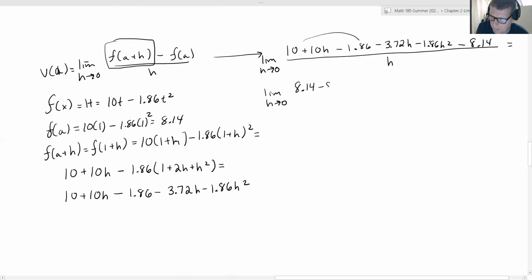So I have 8.14 minus 8.14, and then 10h minus 3.72h, that's going to be 6.28h, so minus 6.28h, or plus 6.28h, minus 1.86h squared, all over h.